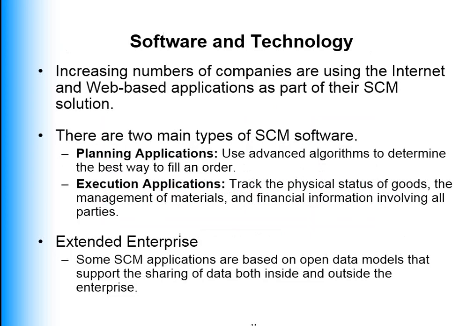So software and technology. An increasing number of companies are using the internet and web-based applications as part of their SCM solution. There are two main types of SCM software. The first one is a planning application, which uses advanced algorithms to determine the best way to fill an order. So this planning application is a system where they can determine the best way to fill an order.